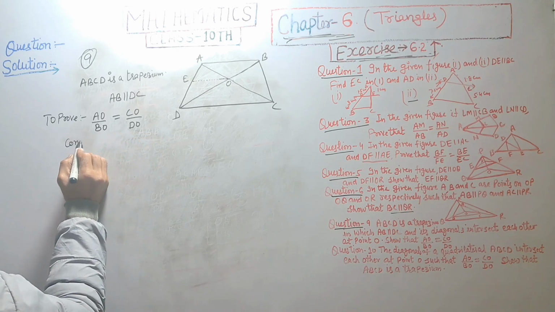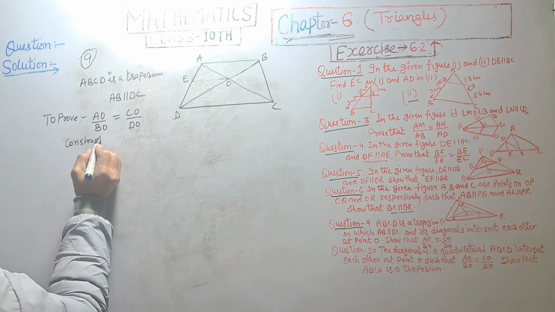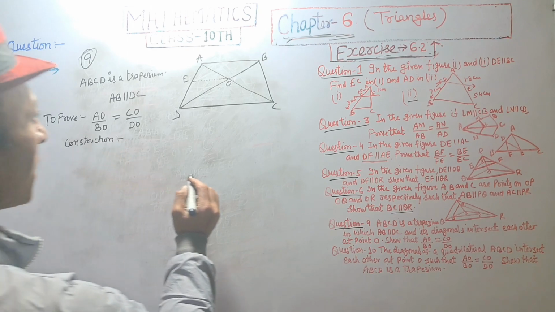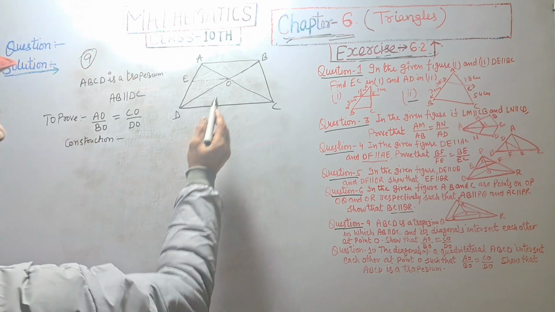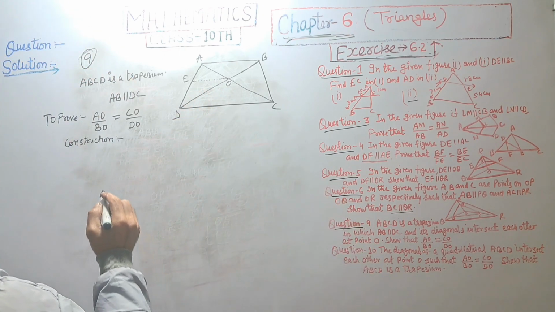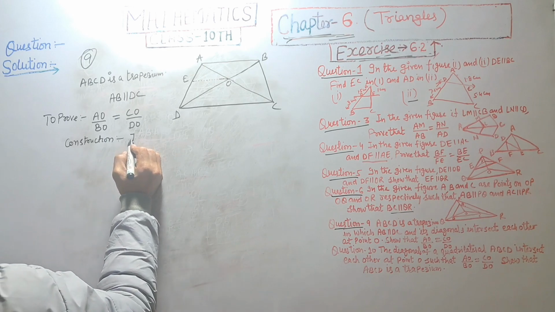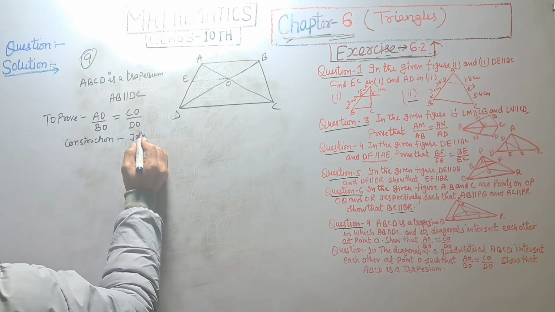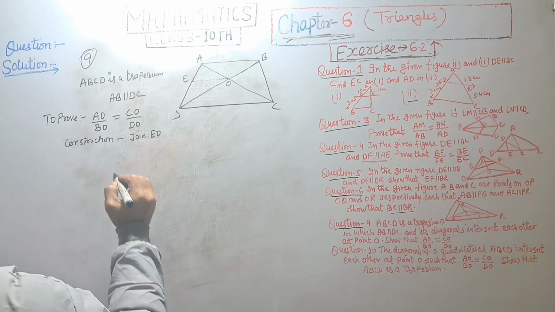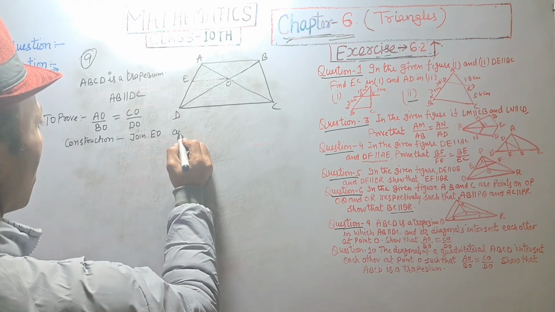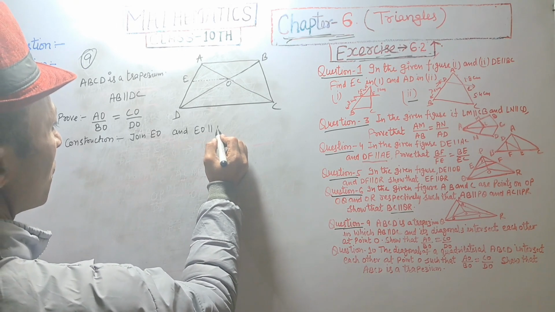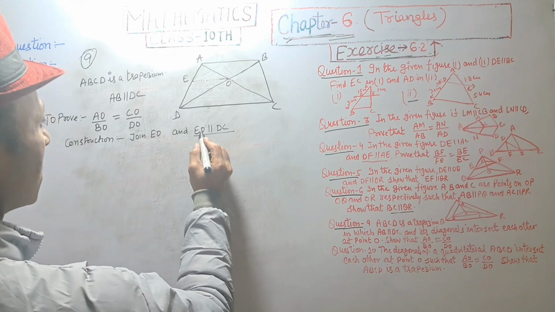Construction: EO is parallel to DC. Join EO, and EO is parallel to DC.